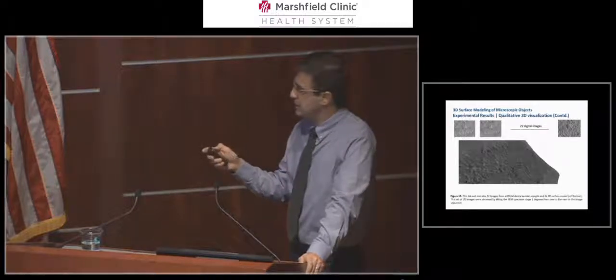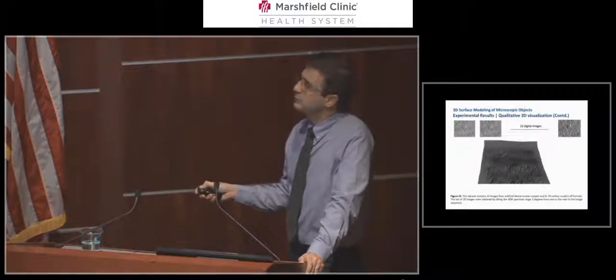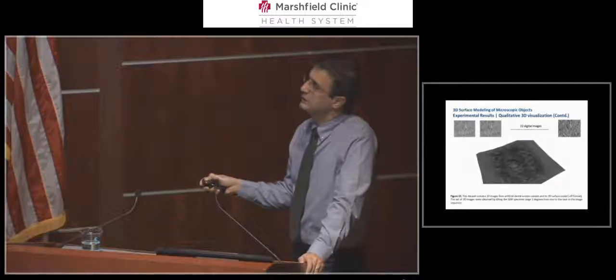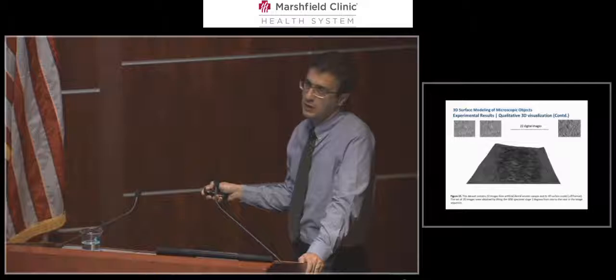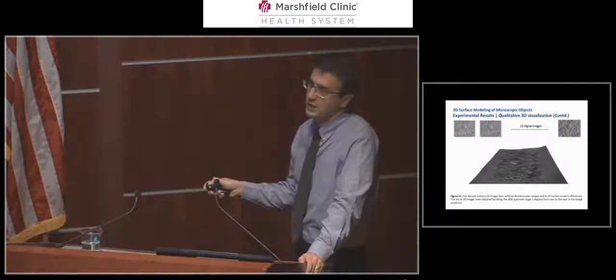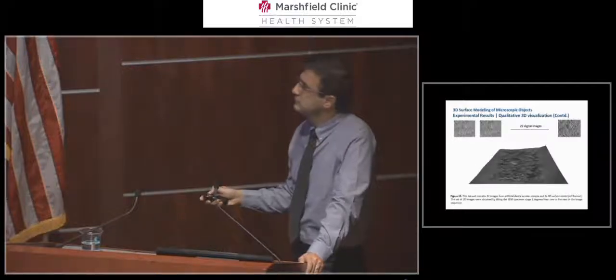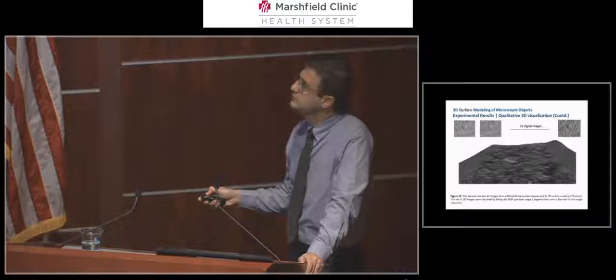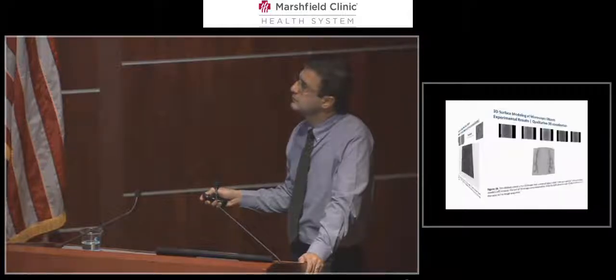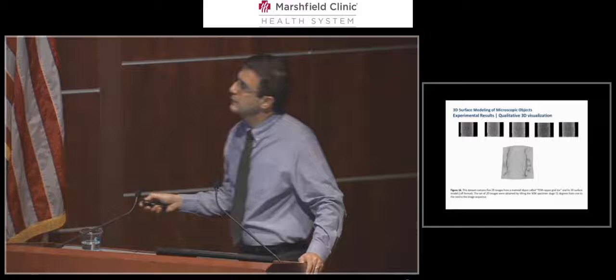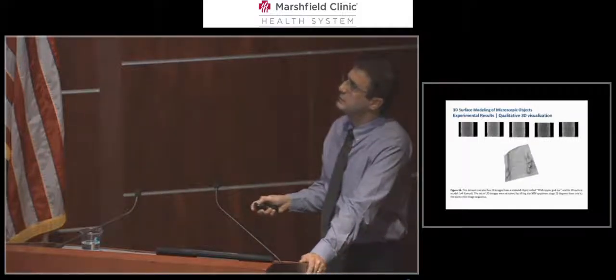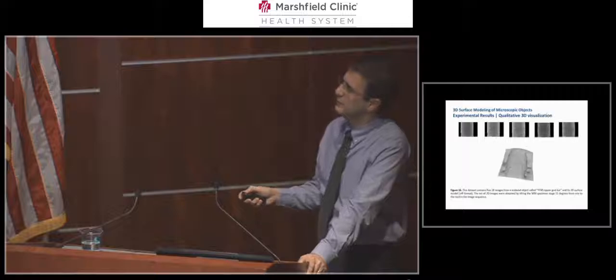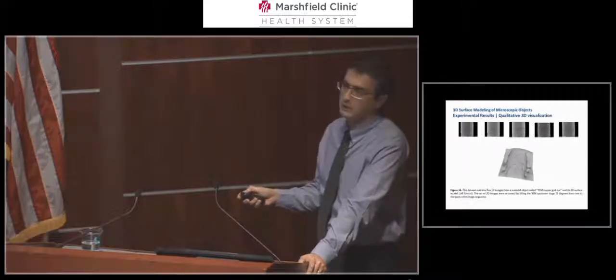As you see here, in this example we also capture the texture of the images in the 3D model. And in the last example, you will see qualitative 3D visualization results for a material object called TEM copper grid.